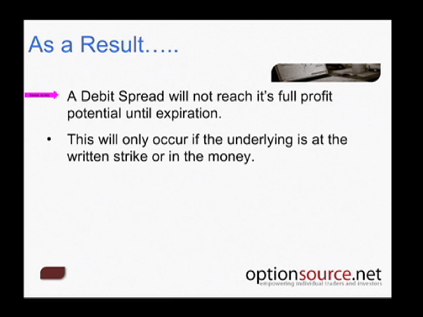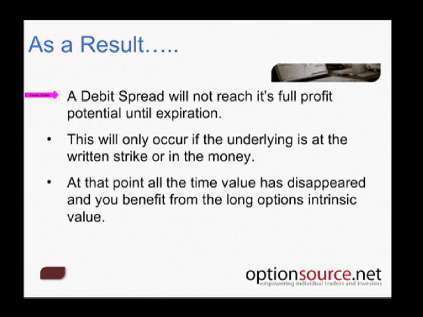It is inevitable. It is as good as written in stone that you will not recognize the full potential of your spread strategy unless you hold it until expiration. And this will only occur if the underlying pair value is at the written strike or in the money. The reason is that at that point, all of the time value will have disappeared.